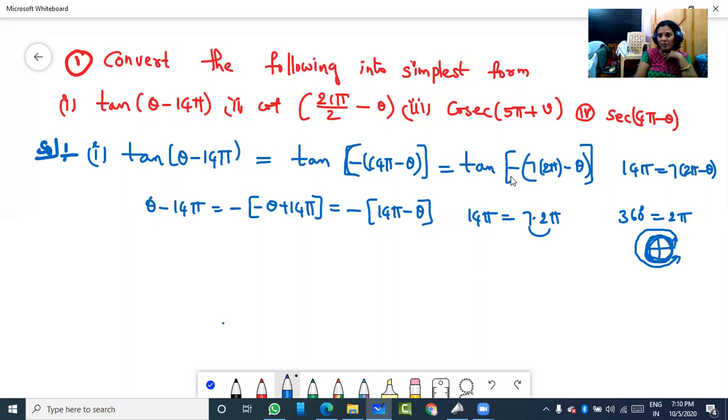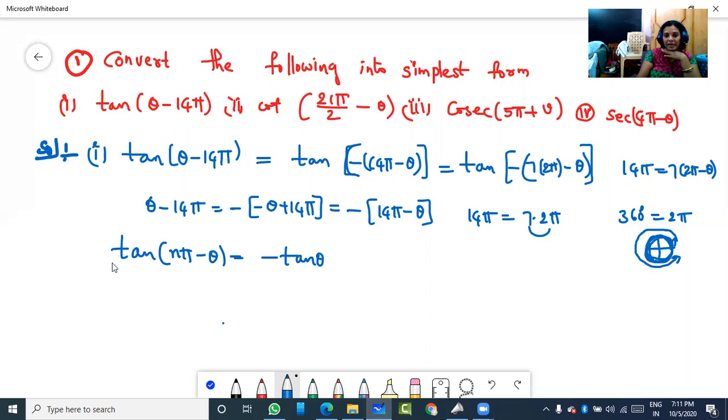So tan of minus of 14 pi minus theta. Yesterday we discussed tan of n pi minus theta is minus tan theta, whatever the value of n, either even or odd. We know that tan of n pi minus theta is equal to minus tan theta.